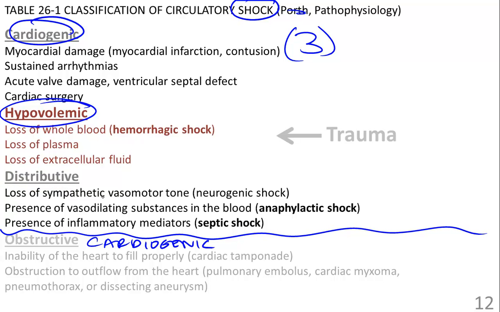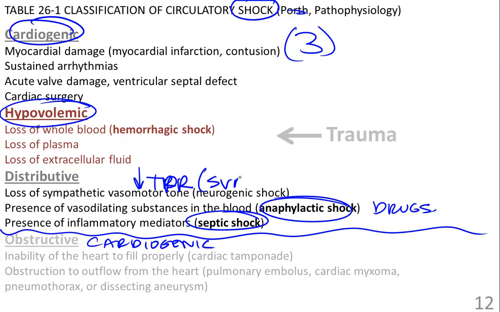Distributive shock is when you have a total loss of vascular tone, which then compromises your perfusion and blood pressure to the whole body. Septic shock, anaphylactic shock, and drugs that could cause widespread vasodilation could fit into distributive shock. That's going to be a decrease in TPR, or what some people like to call systemic vascular resistance.